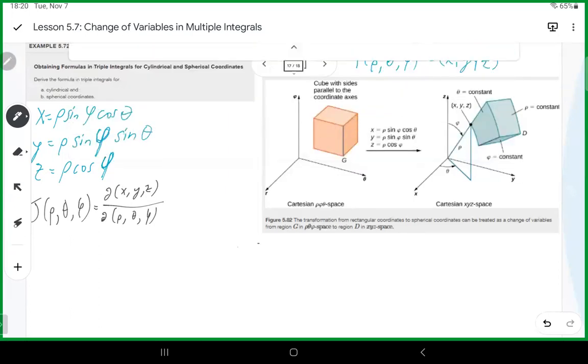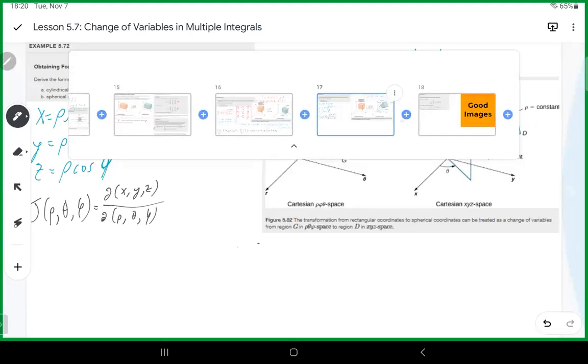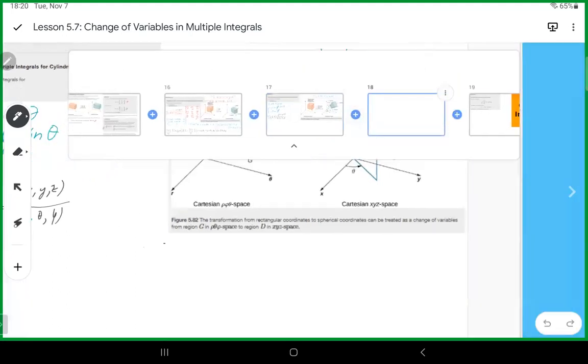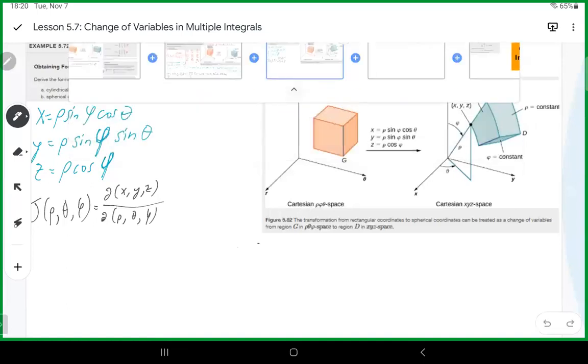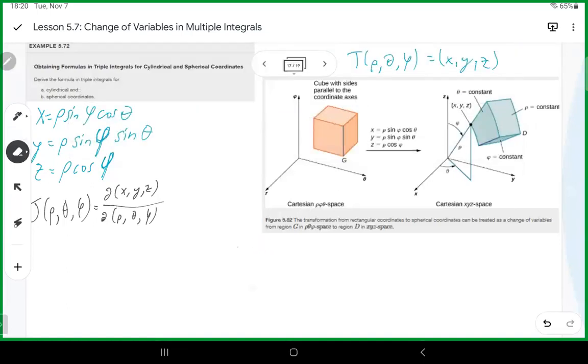What are we on? 18? Oh, 17. Okay. All right, we still have some room on here, but I'm sensing we'll need some more. All right, so let's do the Jacobian first. We'll write it out since I now have an extra slide.